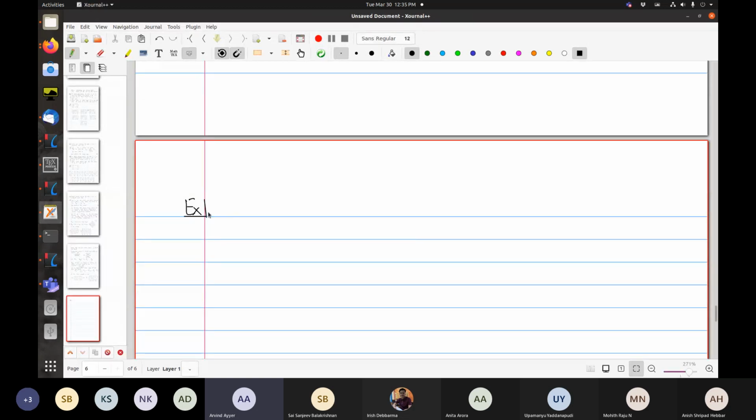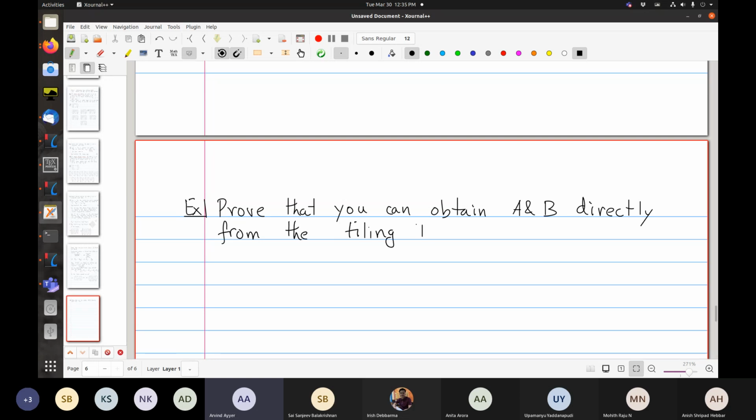What the relationship between these is, is the content of the following exercise. Prove that you can obtain A and B directly from the tiling, without going into the height function at all, as follows.